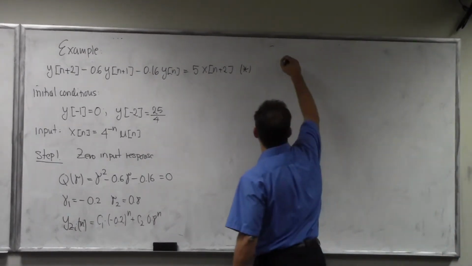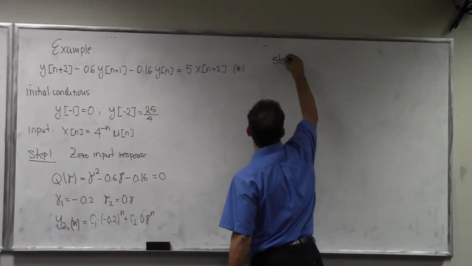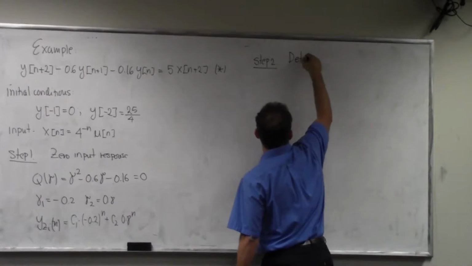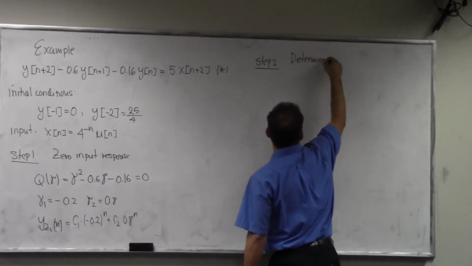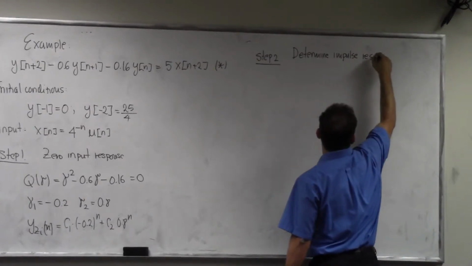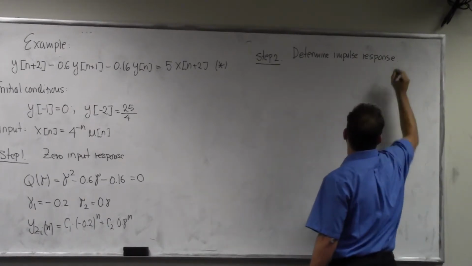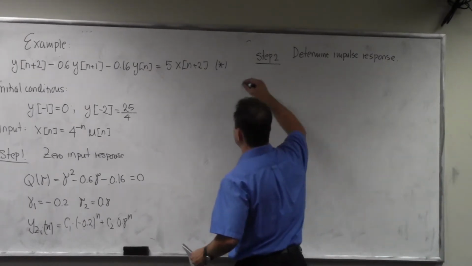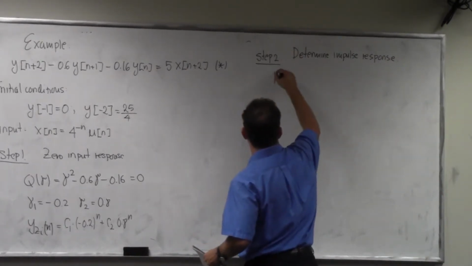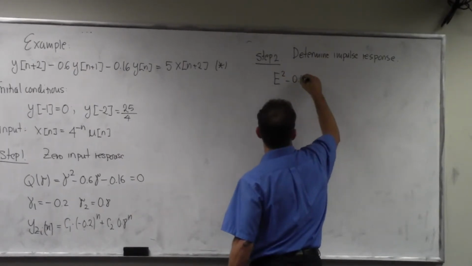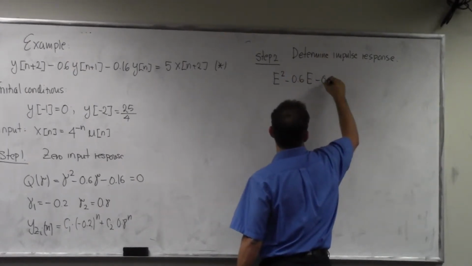Step 2. Determine the impulse response. Here we start by saying E squared minus 0.6 E minus 0.16.